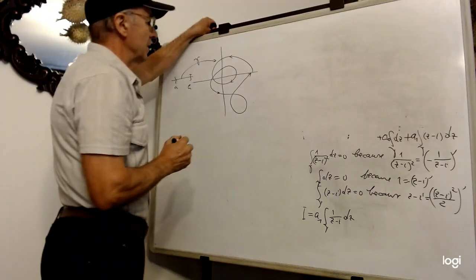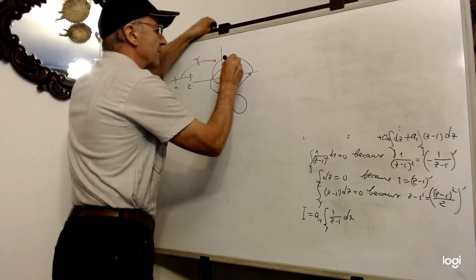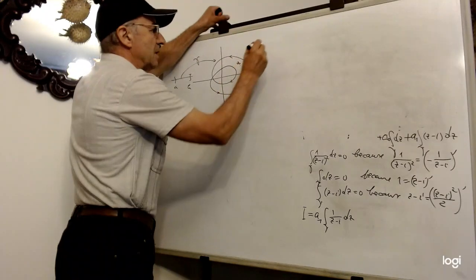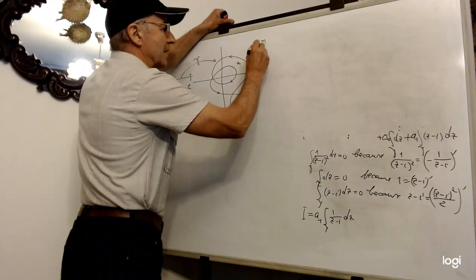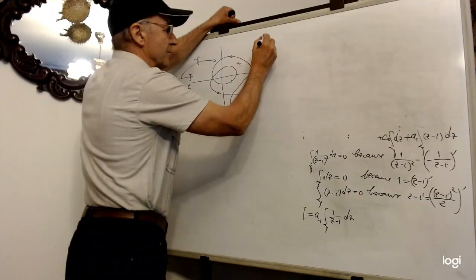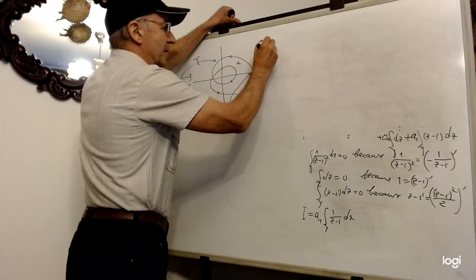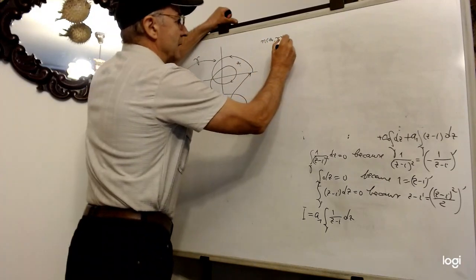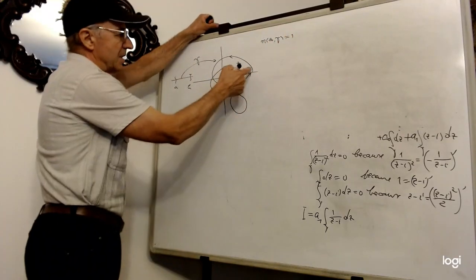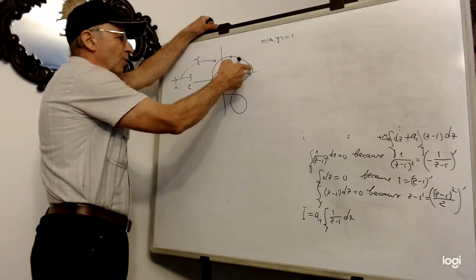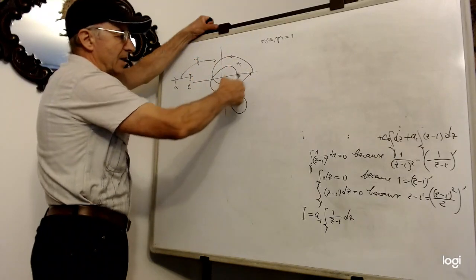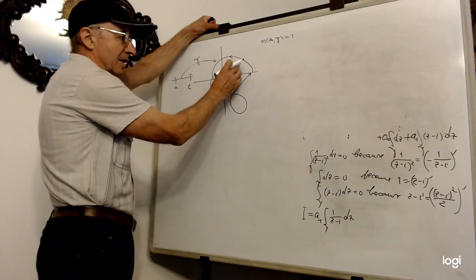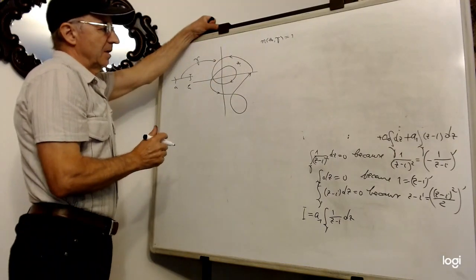Now, for example, if we consider this point Z0, the winding number, also called the index, of gamma with respect to Z0 is 1, because gamma winds just one time around Z0.